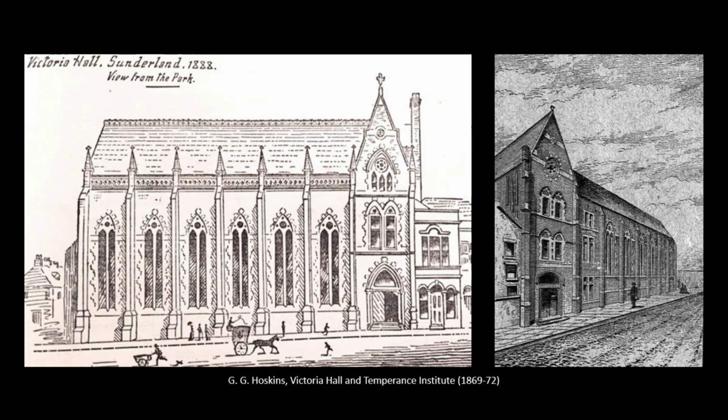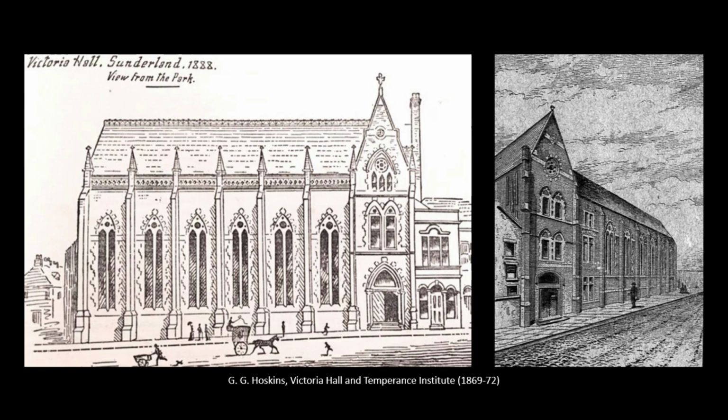However, the proposed building was deemed too expensive, and Hoskins was asked to revise his plans to enable the southern part, containing the public hall, to be built at a cost of £7,000, with the northern part to be built once further shares had been raised.